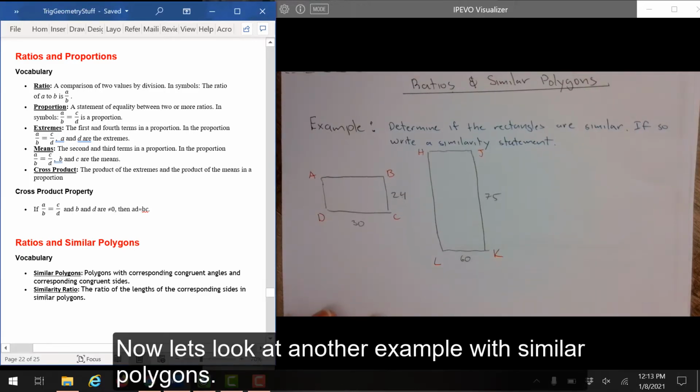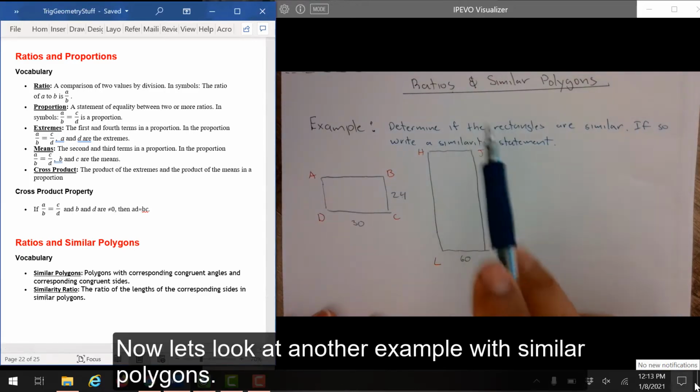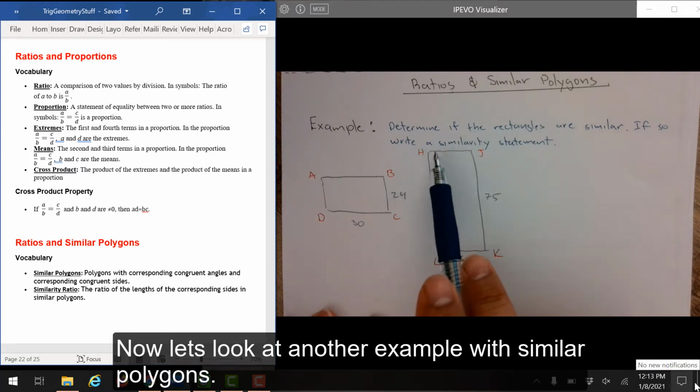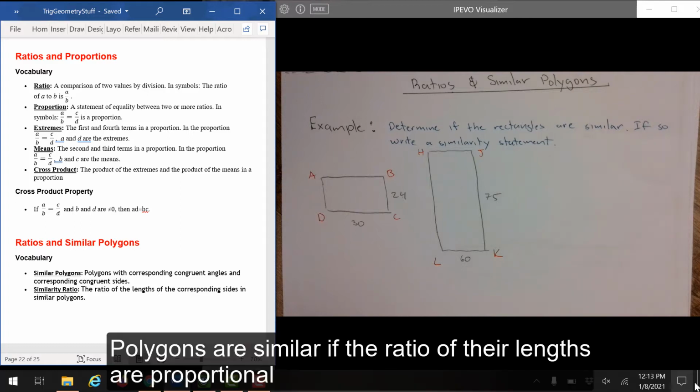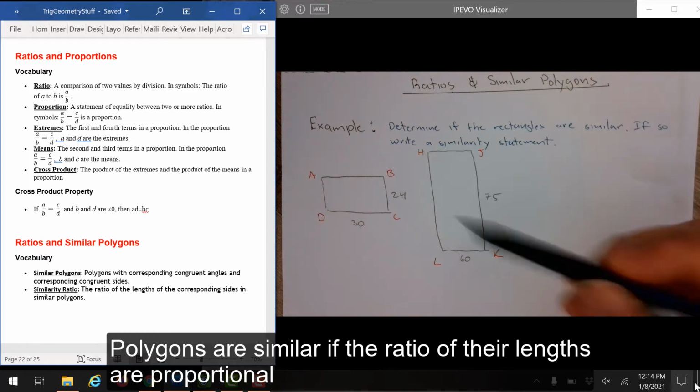Now let's look at another example with similar polygons. Polygons are similar if the ratio of their lengths are proportional.